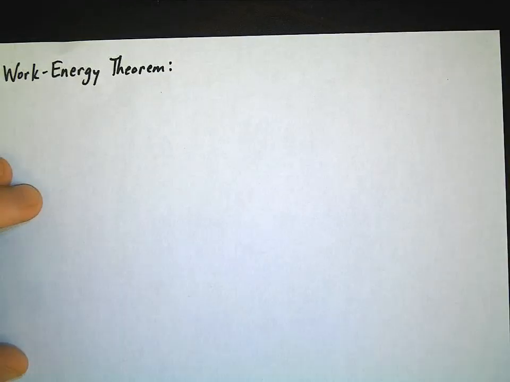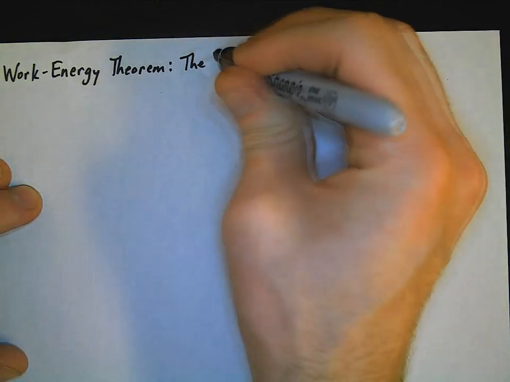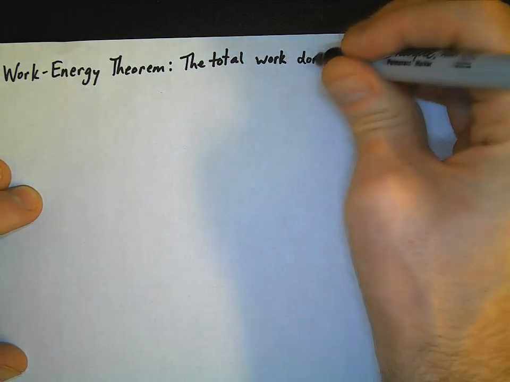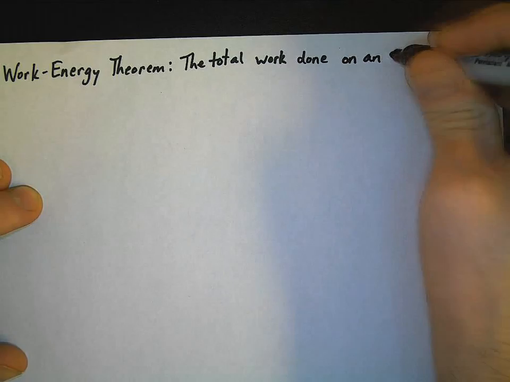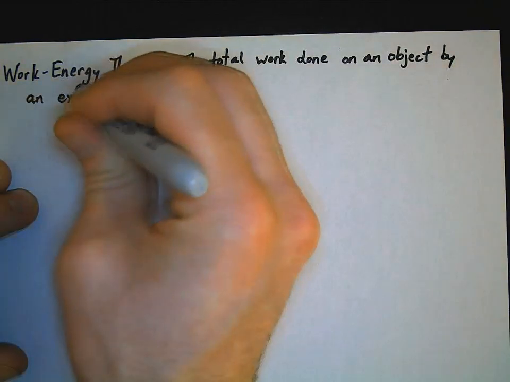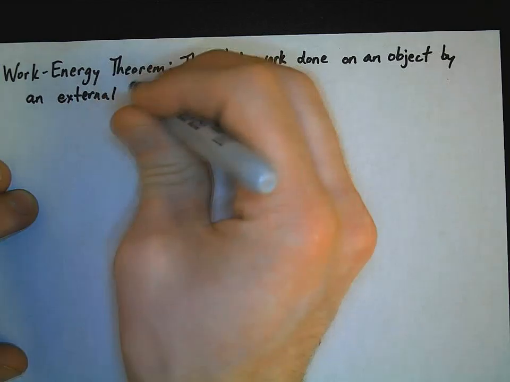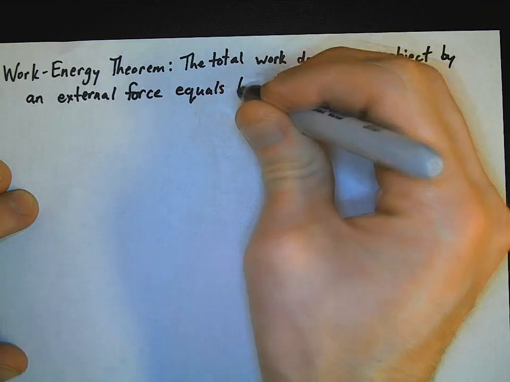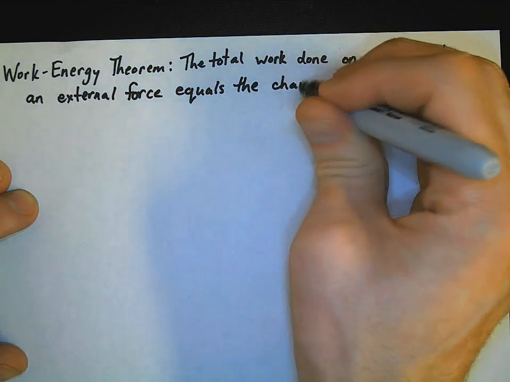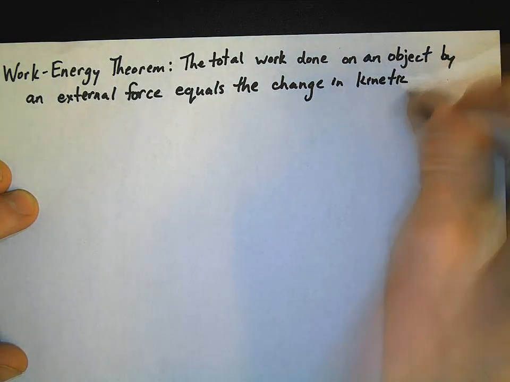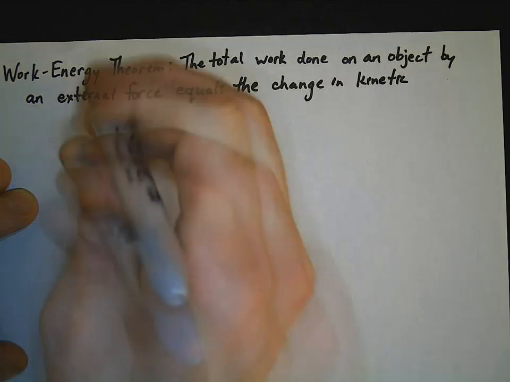The work energy theorem says that the total work done on an object by an external force equals the change in kinetic energy of the object.